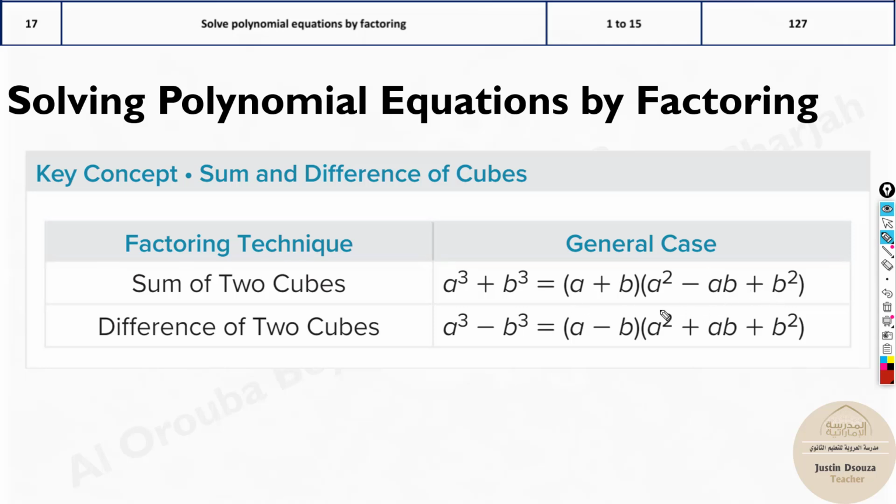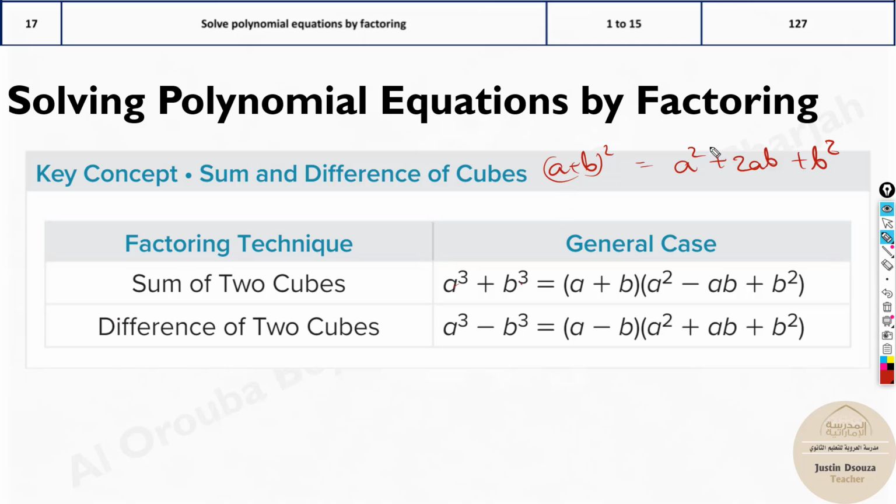It is easy to remember if you know the pattern. Whenever there are sum or difference of cubes, remember you have to add them both, a plus b. If this is plus, it starts with the plus, a plus b. And then a square, ab, b square is there, but over here after a square it's minus. If you recall, a plus b the whole square is a squared plus 2ab plus b squared.